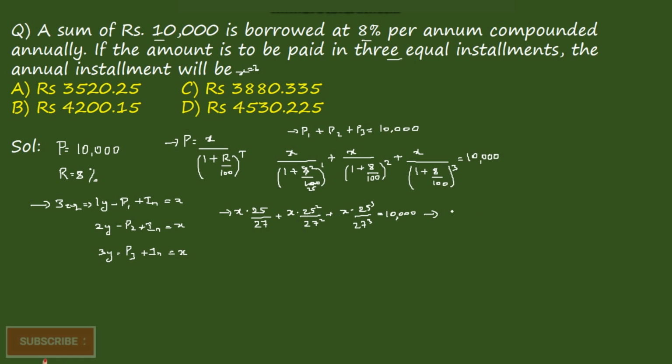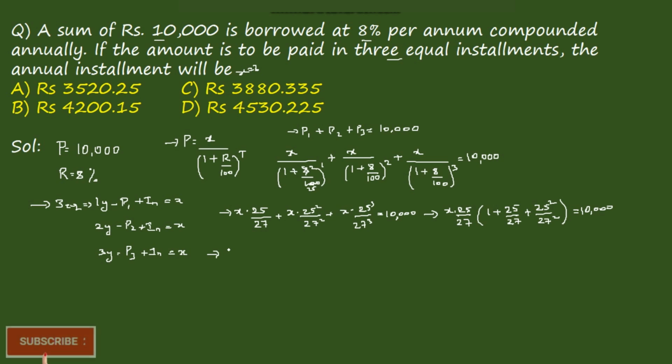Taking the common terms, we get x into 25 by 27 into (1 plus 25 by 27 plus 25 square by 27 square) is equal to 10,000.